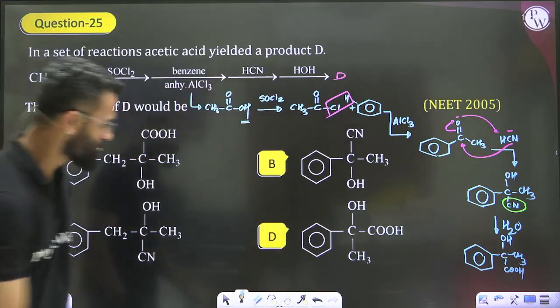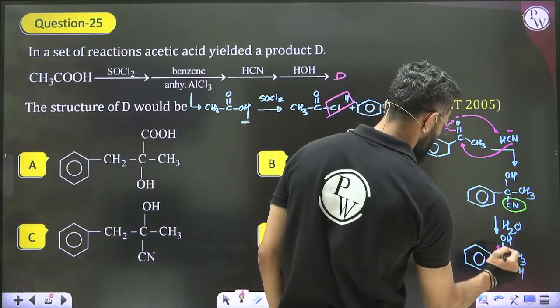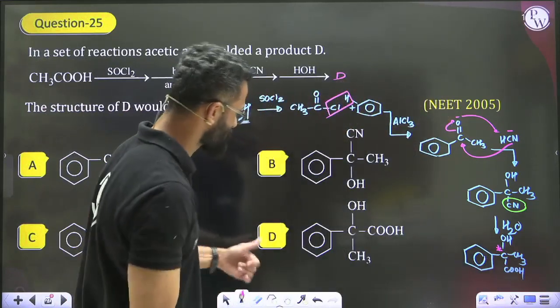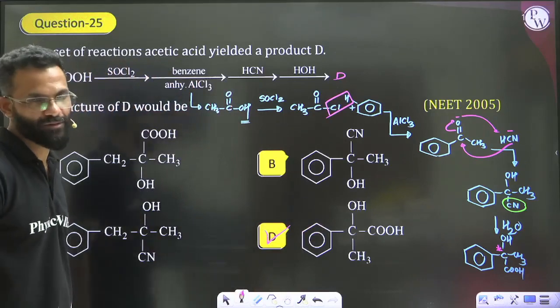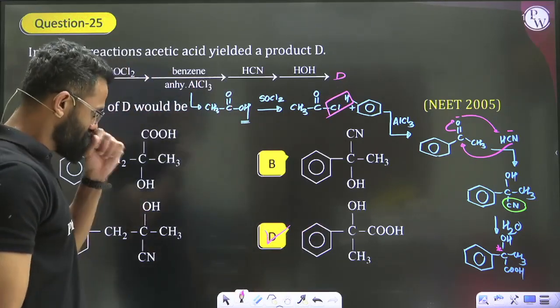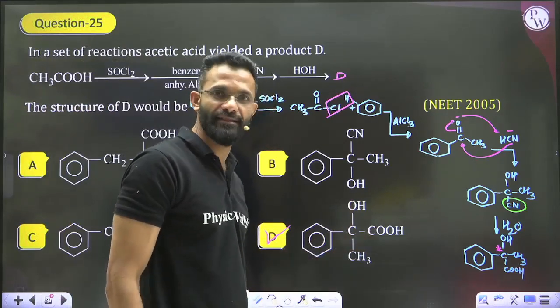So yes, you can see we have got a chiral compound once again here. Which option is saying so? Yes, option D. Right, everyone? So that's our product, 2-hydroxy-2-phenyl propanoic acid.